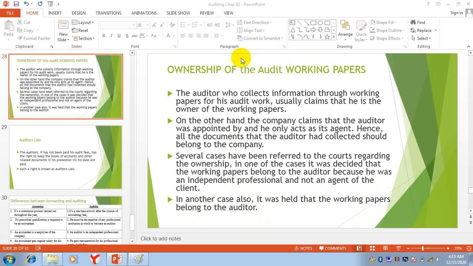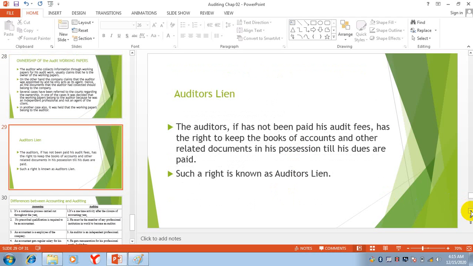So there were lots of cases referring to the ownership of the auditing working papers, and in different cases the decisions of the court were in favor of the auditors, that the working papers belong to the auditors and not the company.